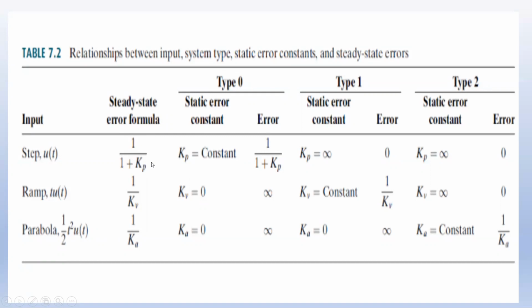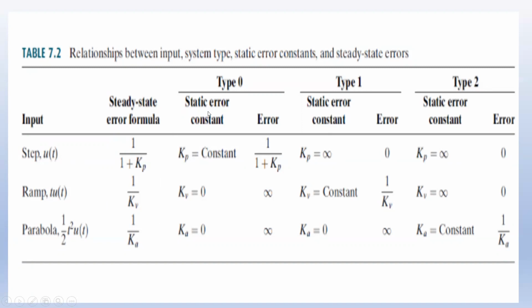If we give a step input to a type 1 system, Kp is infinite, as we already saw. Substituting Kp equal to infinite, the steady state error is 0. If we apply this to a type 2 system, the corresponding Kp is infinite and the error is 0.